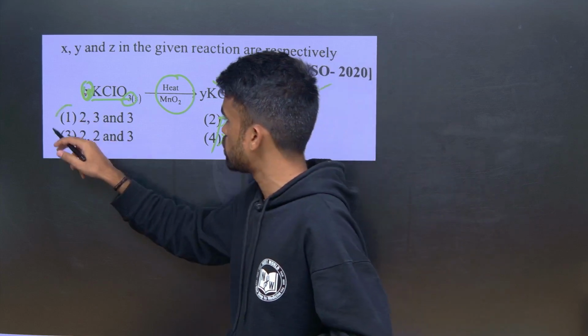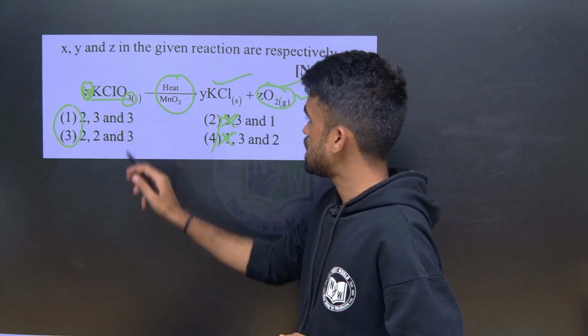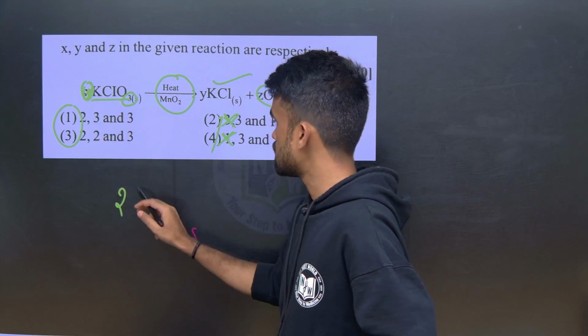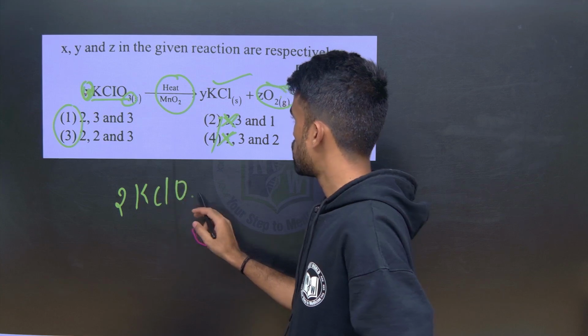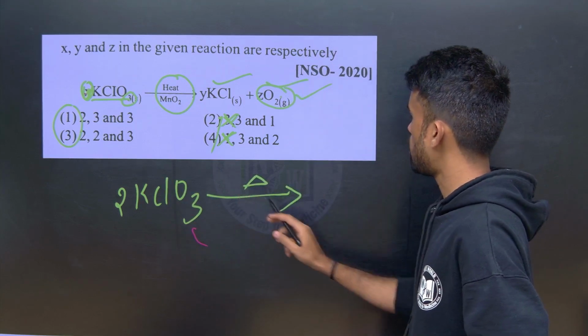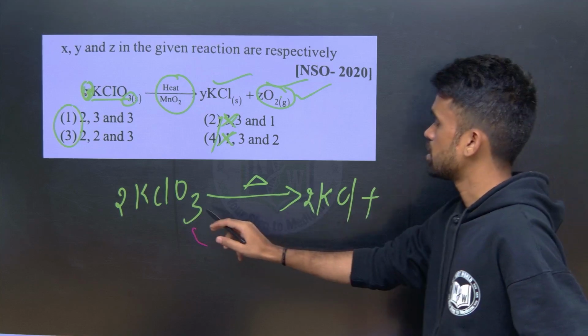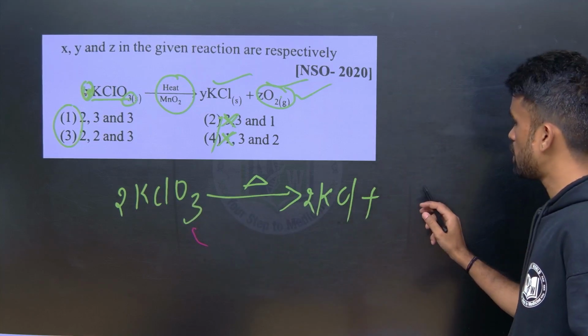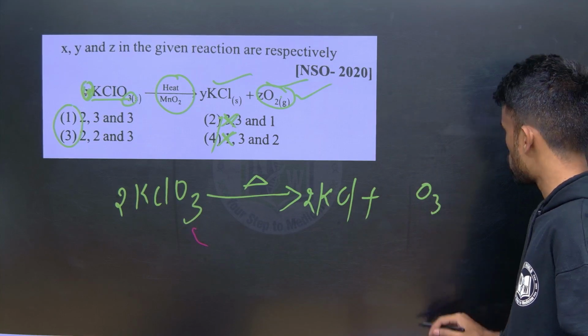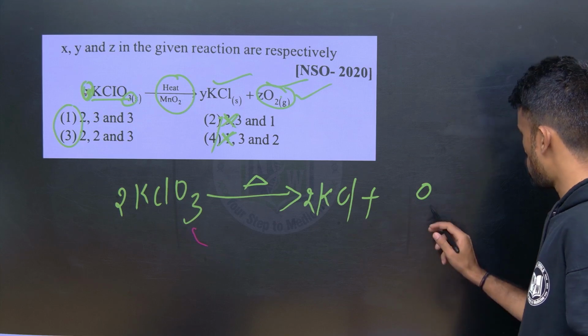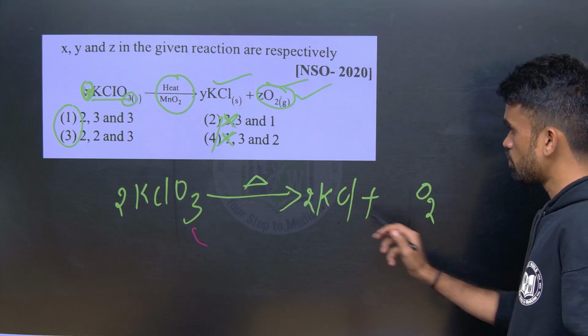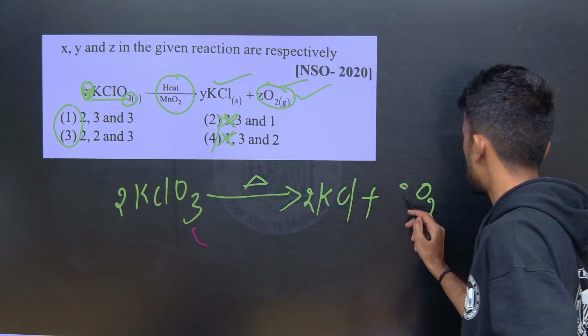Let us look into these 2 options. By placing 2 here as X, 2 KClO3 decomposes to form 2 KCl plus, see, it cannot be O3, it can be O2 only. So 2 O2, and 3 is written like this.